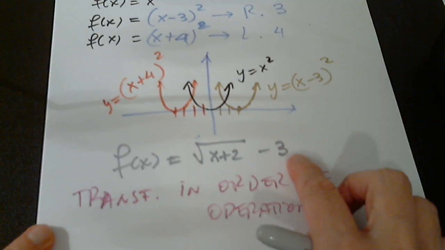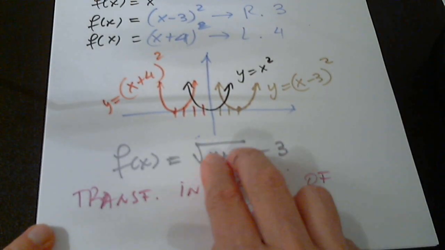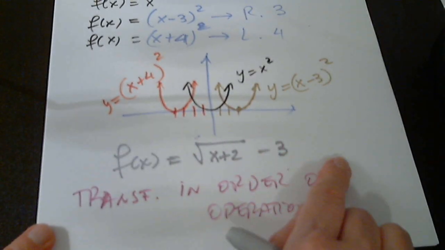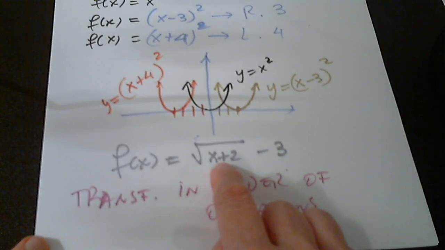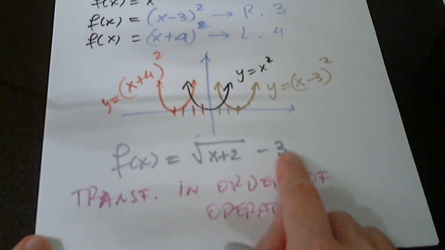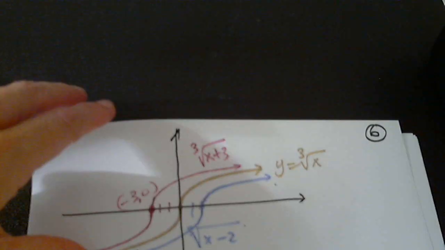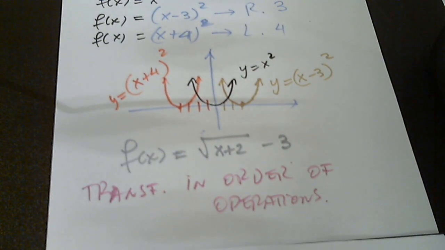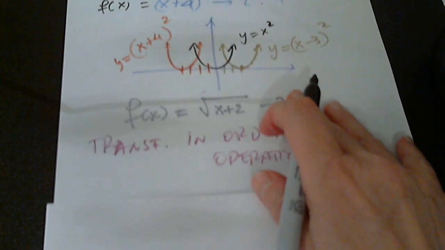Minus 3? No. You're going to put 7 in here, you're going to get 9, and you're going to take the square root and then subtract. So in order of operations, this is first, then second. So we have to list them in the correct order.